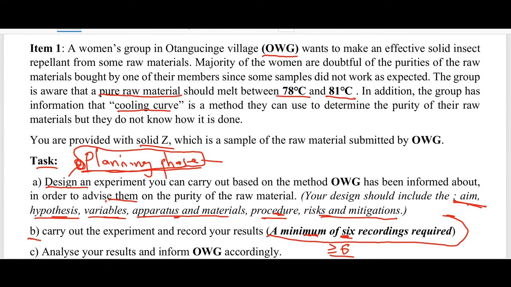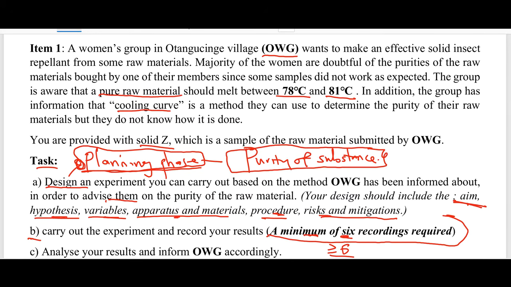Now, this is our item for Paper 3 UNEB 2025. When you read through this item very well, we see it is an item about the purity of substances. Where do we find this in chemistry?